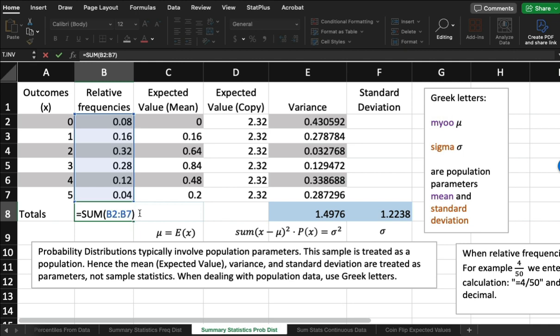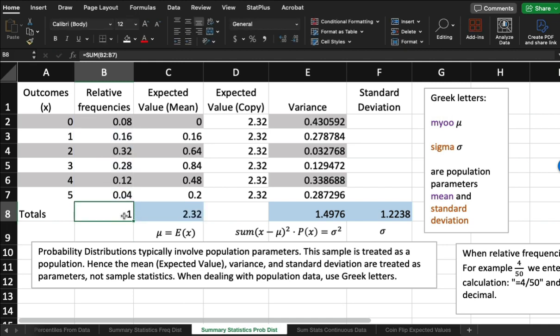Just to save time, I'm not going to go into detail about the sum again. The totals row is going to be the same all the way across, the sum of the cells above it. And that is equal to 1.